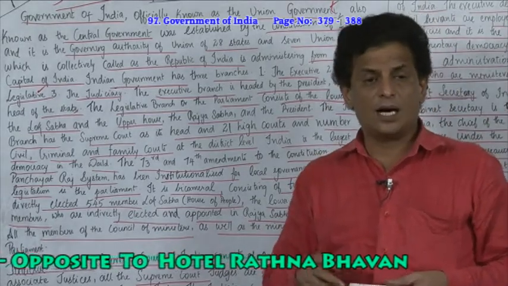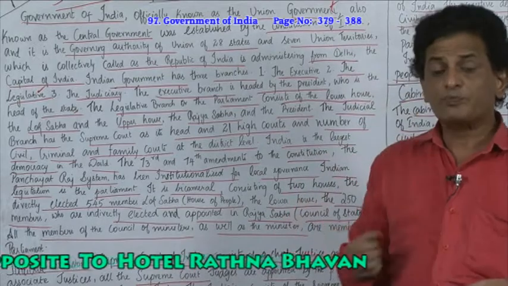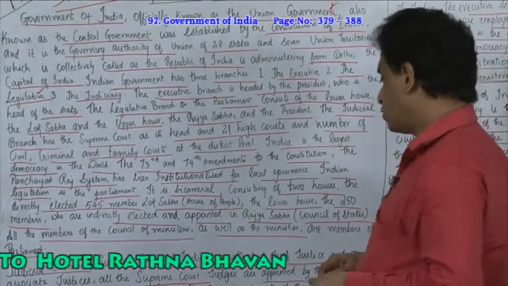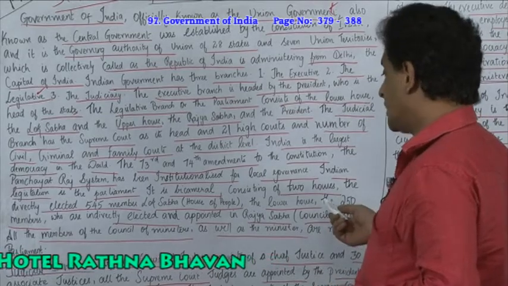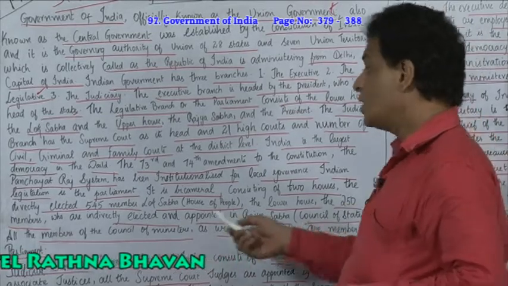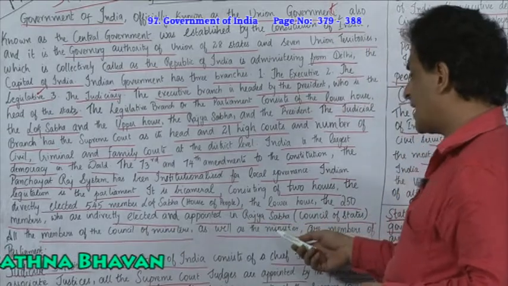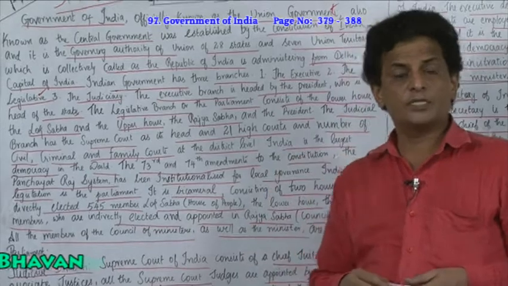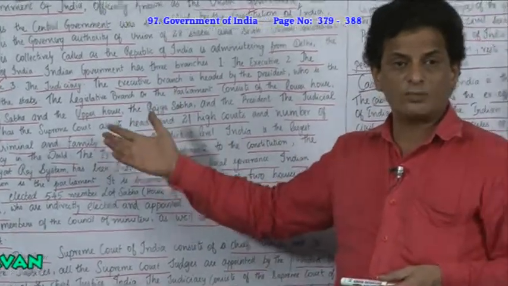The MPs of the Rajya Sabha are elected by the MLAs from the state. The total strength is 250. All the members of the Council of Ministers as well as the ministers are members of Parliament. So, all the ministers should and must be members of the Parliament, either Lok Sabha or Rajya Sabha.